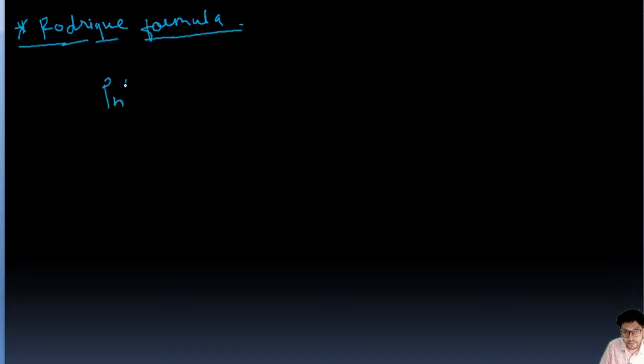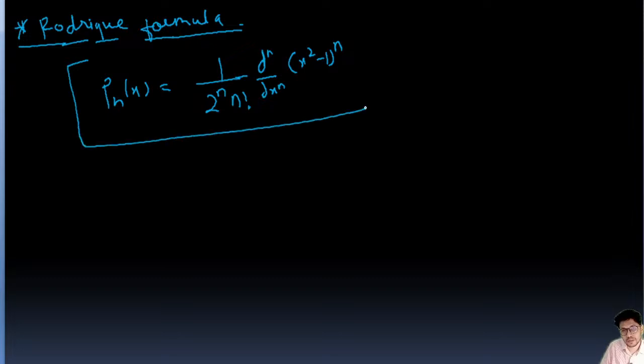So P_n(x) is going to be 1 upon 2 to the power n into n factorial, into d^n over dx^n of (x^2 minus 1) to the power n. This is a very important formula, you must note it down and memorize it.